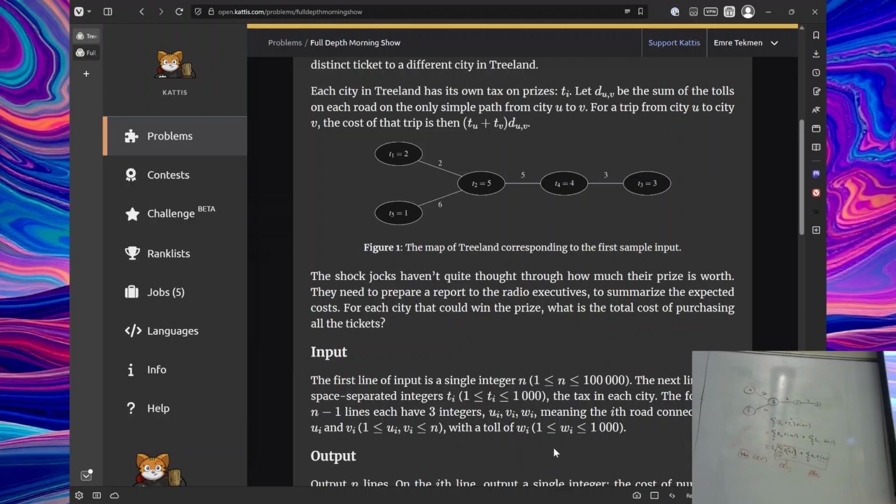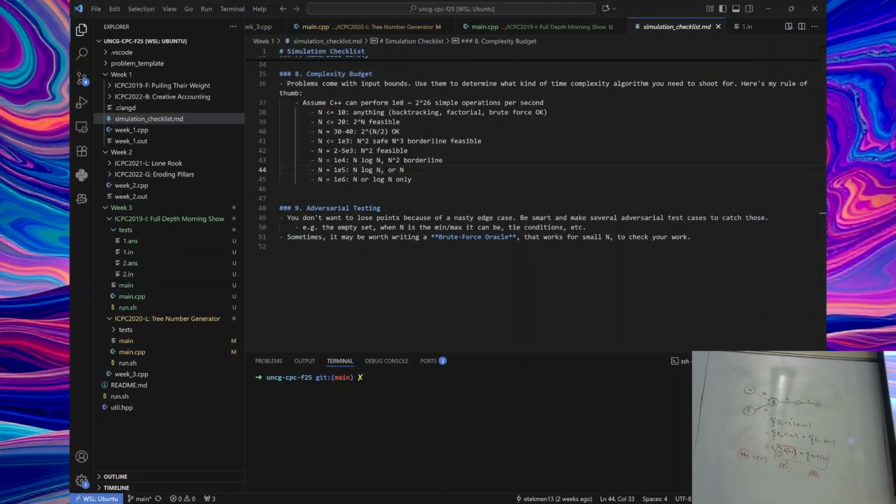If we remember from our simulation checklist from week 1, let me pull that up. Take a look at this.